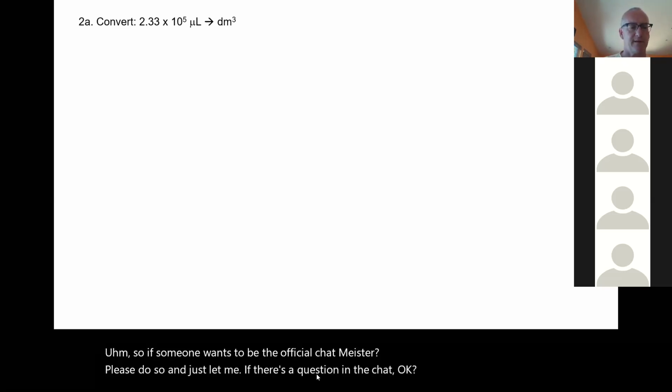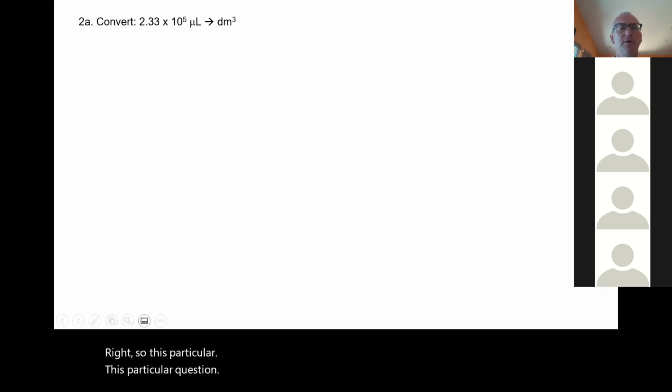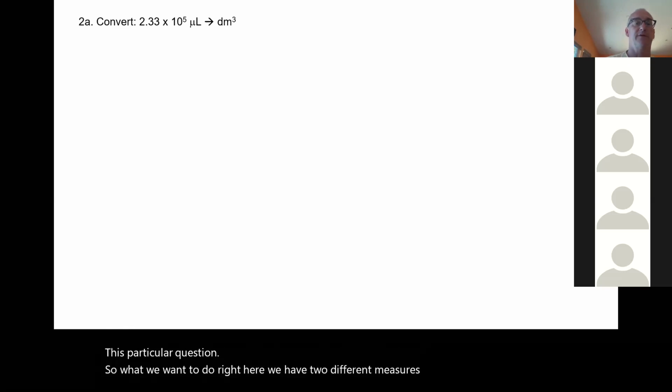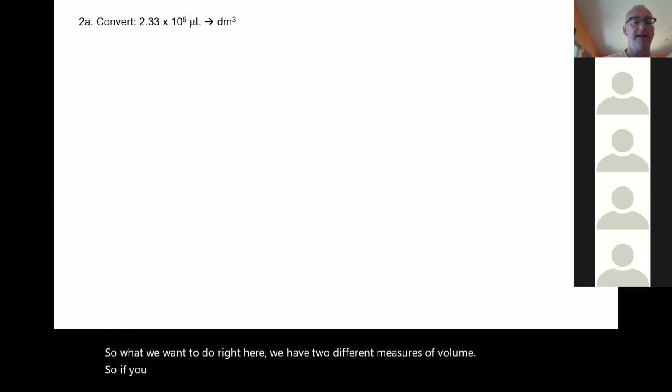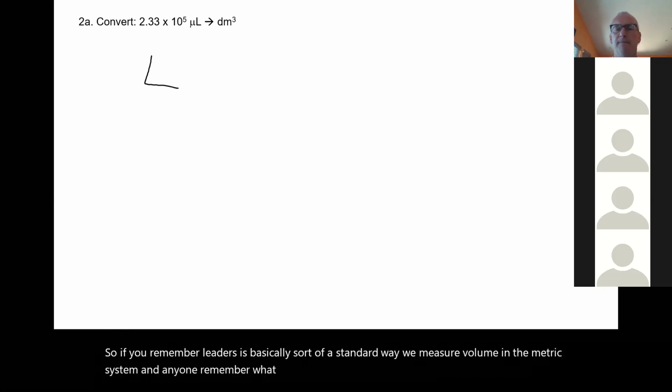Right, so this particular question. What we want to do, right here, we have 2 different measures of volume. If you remember, liters is a standard way we measure volume in the metric system. And anyone remember what microliters are?